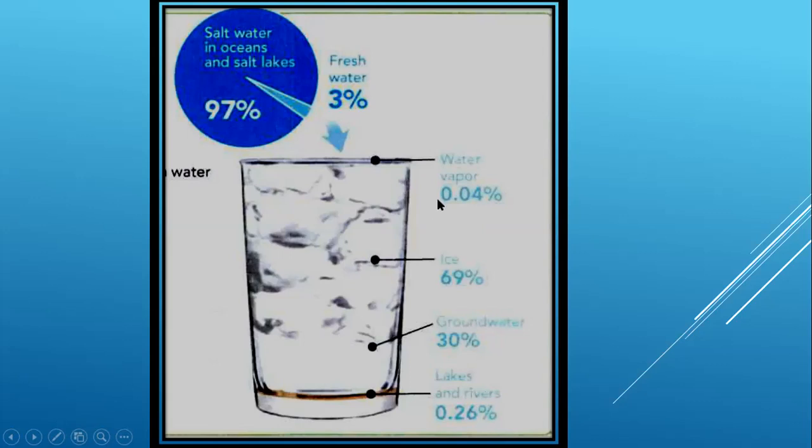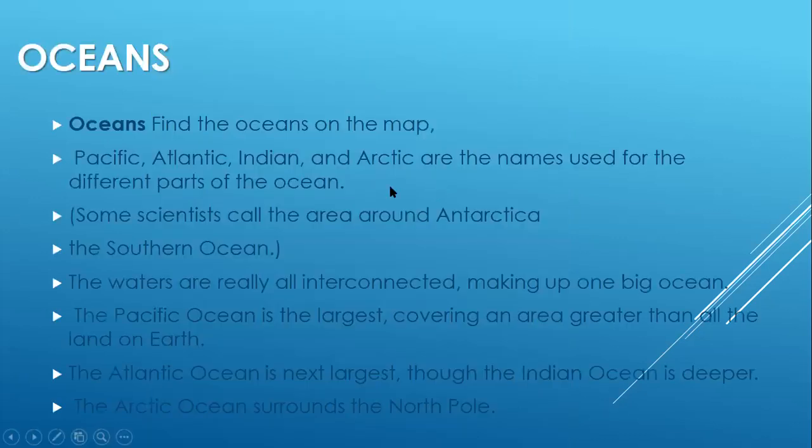So in order to reorganize that according to these percentages, let's see the water bodies we start with. Number one, which has the majority of the water in the form of salt water, is the oceans.